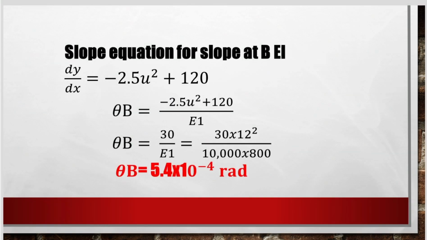Slope equation for slope at B: EI dy over dx equal negative 2.5 x squared plus 120. Theta B equal negative 2.5 x squared plus 120 over EI. Theta B equal 30 over EI equal 30 times 12 cubed over 10,000 times 800.